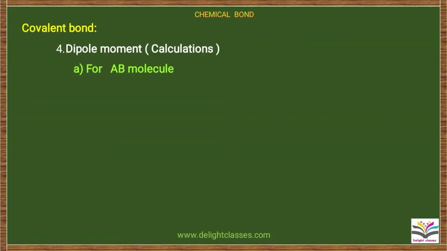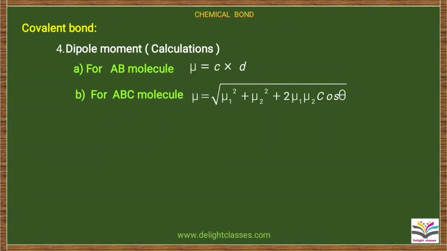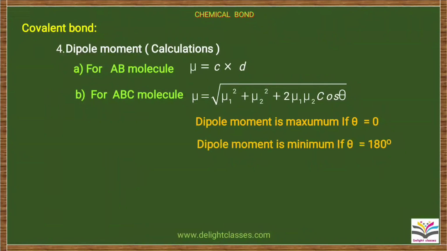Calculations. For AB molecule, mu is equal to C into D, where C is charge, D is distance. For ABC molecule, mu is equal to root of mu1 squared plus mu2 squared plus 2 mu1 mu2 cos theta. Dipole moment is maximum if theta is equal to 0, minimum if theta is equal to 180 degrees.